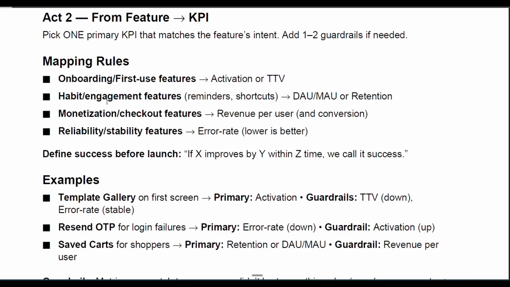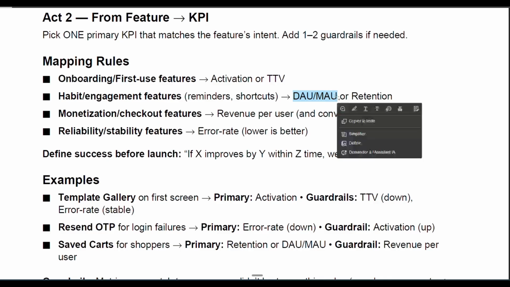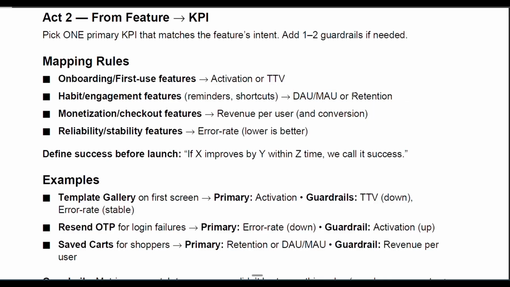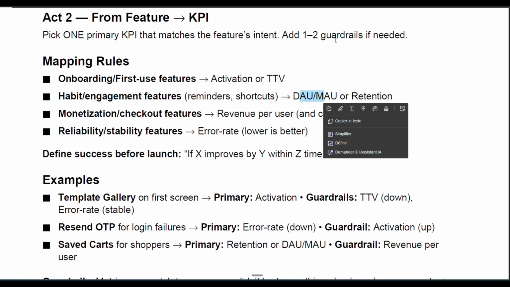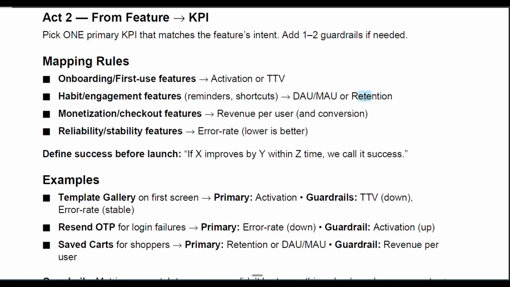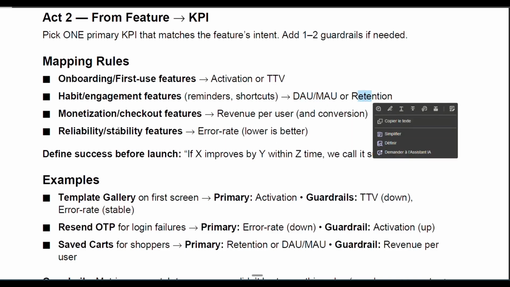So, say alerts or something, or maybe you added some reminders or shortcuts. So, the primary KPI could be daily active users and monthly active users, or retention, and one of these could serve as the primary KPI, and this could serve as the guardrail, right?